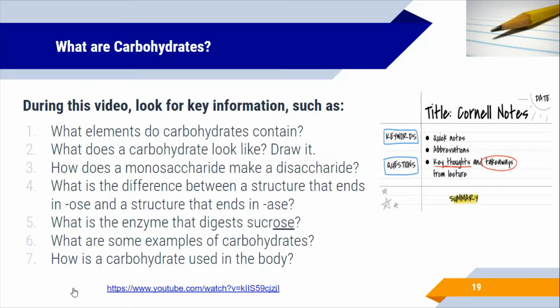What is the enzyme that digests sucrose? What are some examples of carbohydrates? How is a carbohydrate used in the body? Take 1 more minute to jot down your look-fors, and then we will start the video.